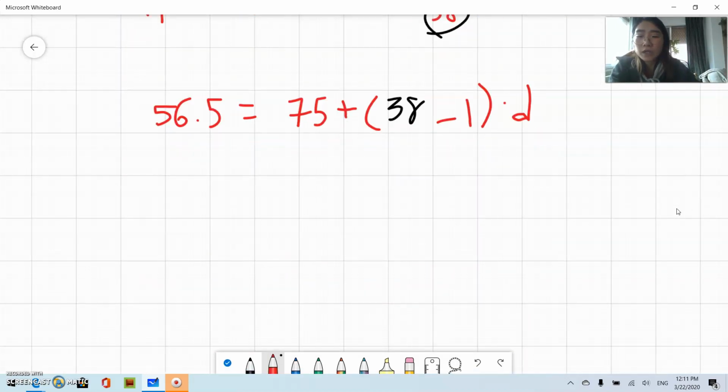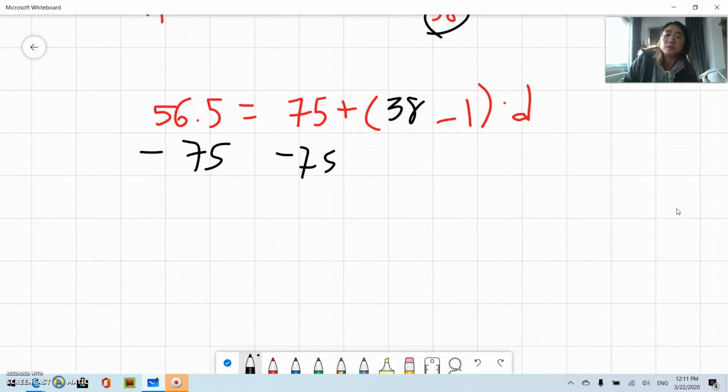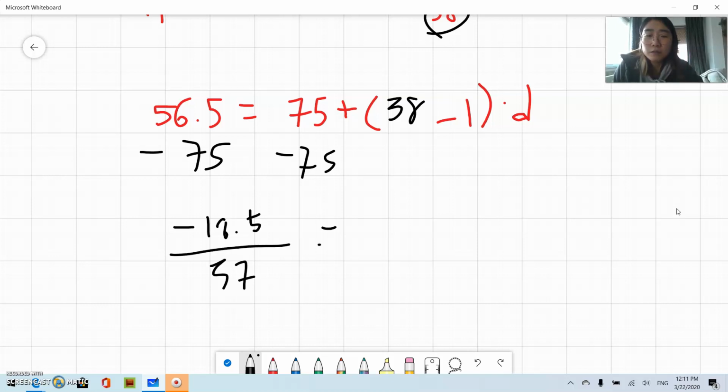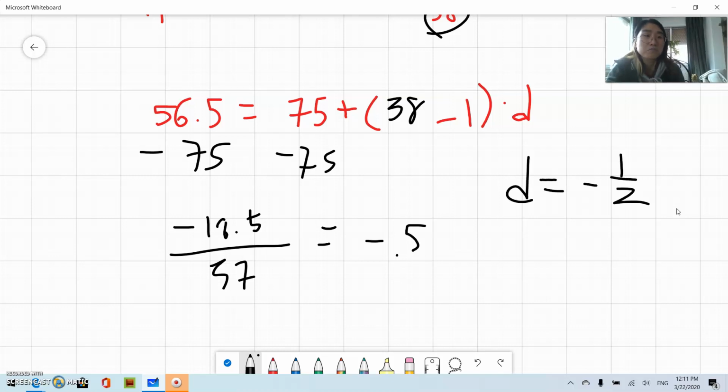So we subtract 75, just use a calculator. And then you divide it by 37, right? Because 38 minus 1 is 37, and we get negative 0.5. So negative 1/2 is my common difference.